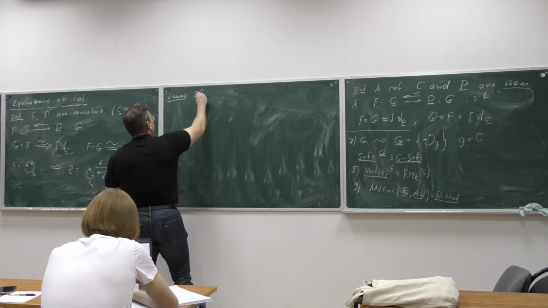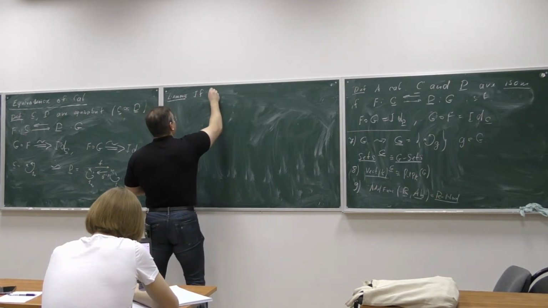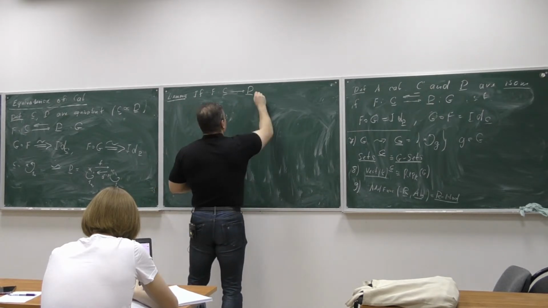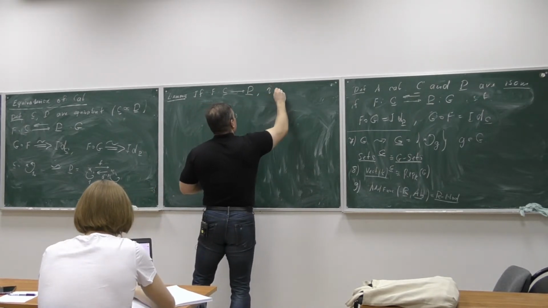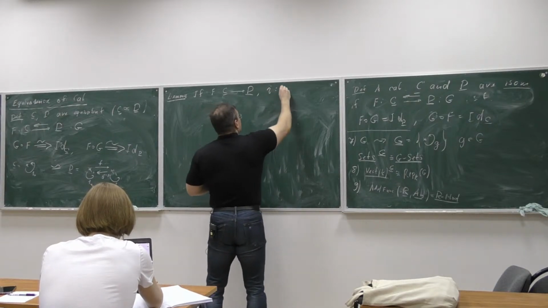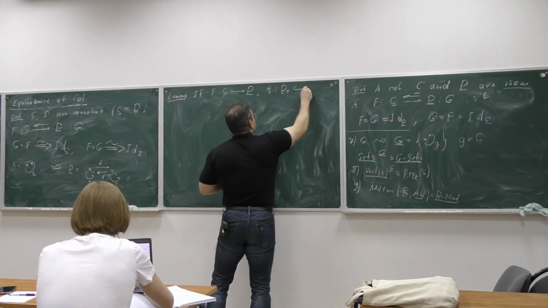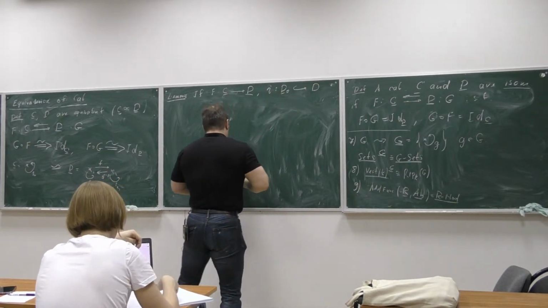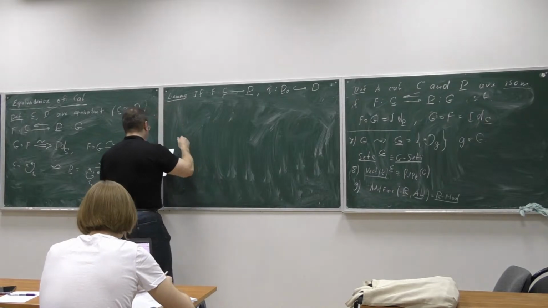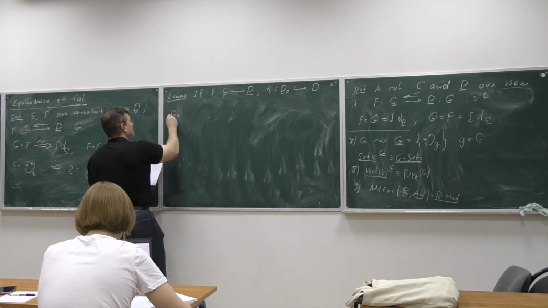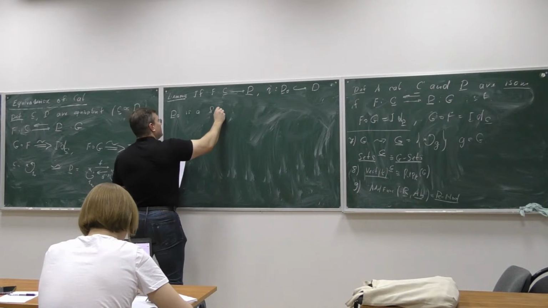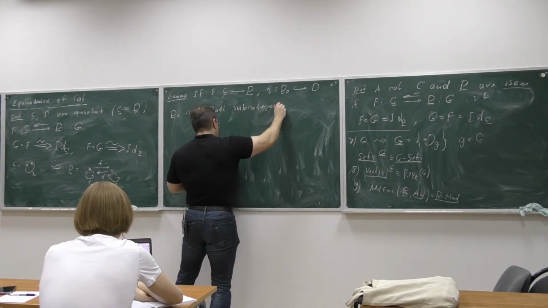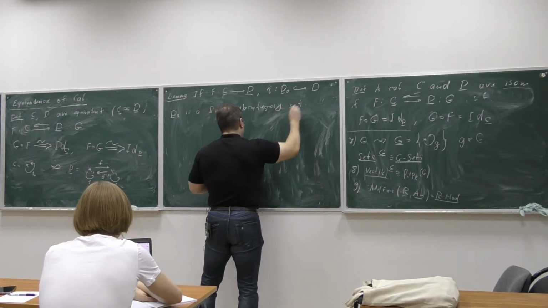So in the lemma we have the following situation. I have a functor f from the category C to the category D, and I have an embedding of a full subcategory. So D naught is embedded into D, and the embedding functor I'm going to call iota. D naught is a full subcategory such that I have the following property.